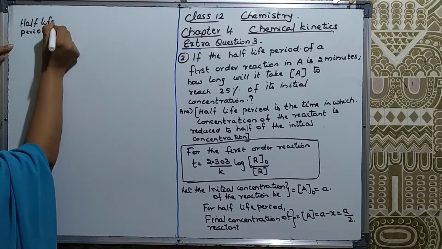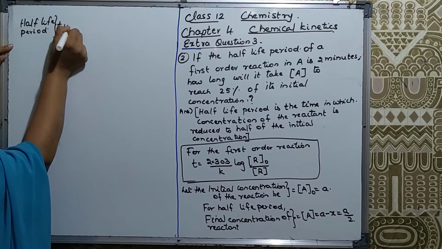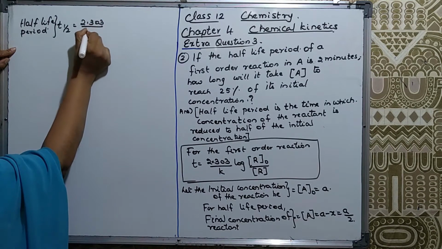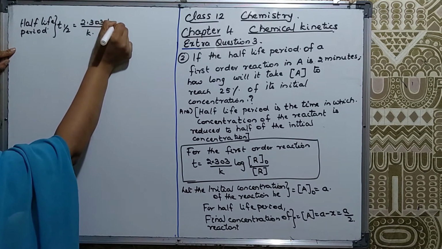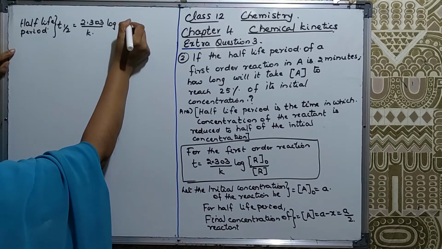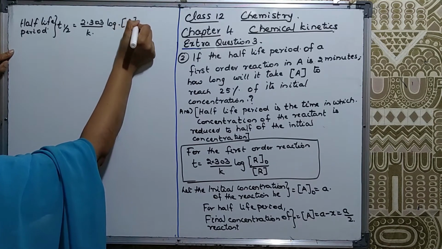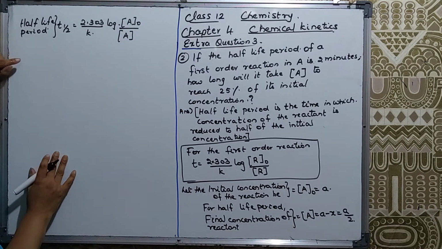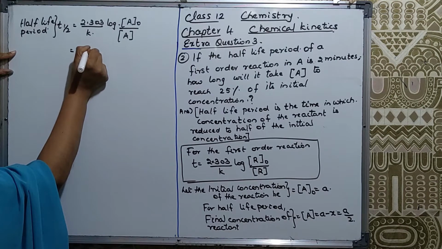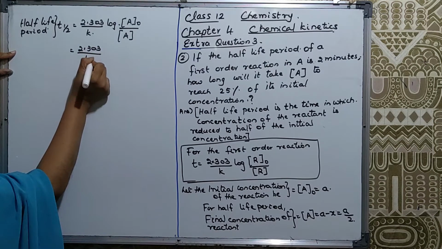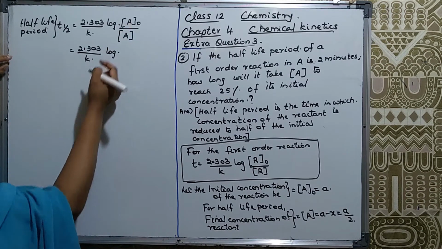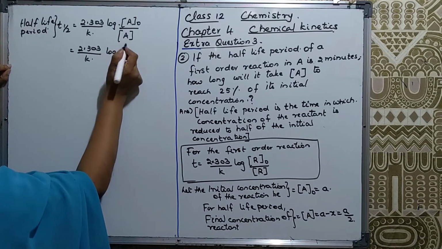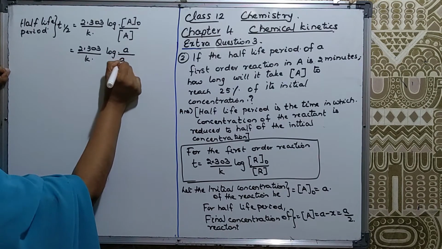T half equal to 2.303 divided by K log concentration of A0 divided by final concentration, which is equal to 2.303 divided by K log initial concentration A0, that is A itself, and final concentration will be A by 2.